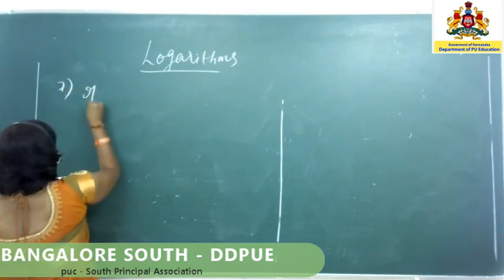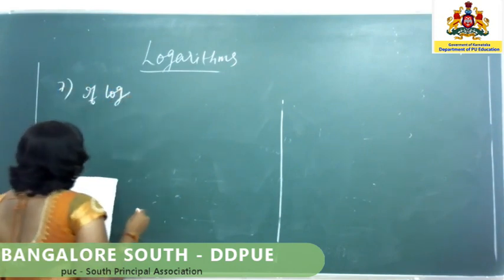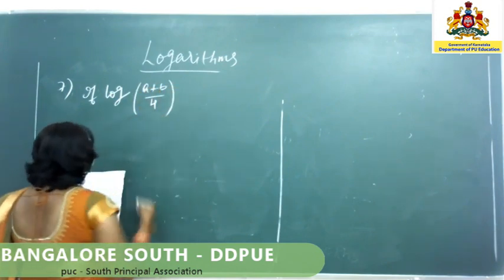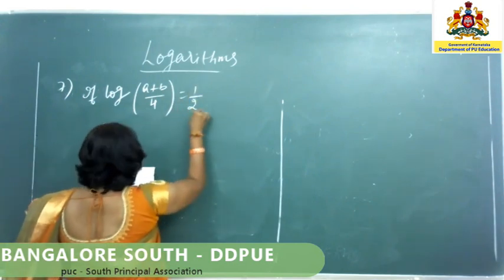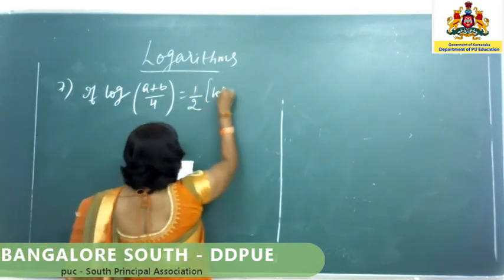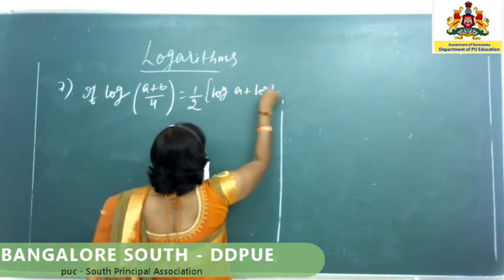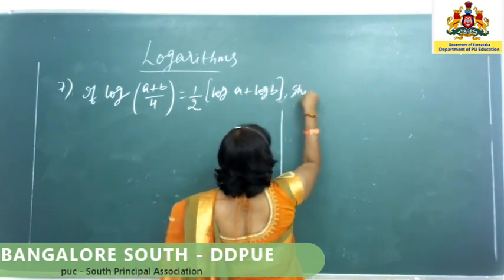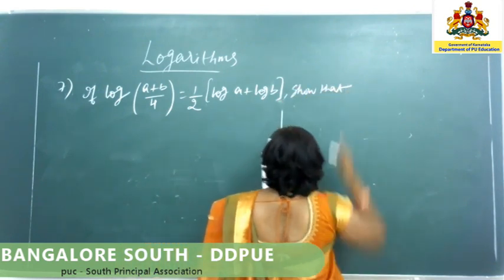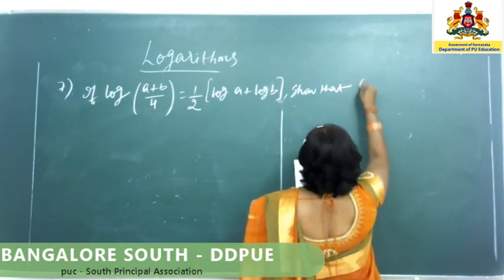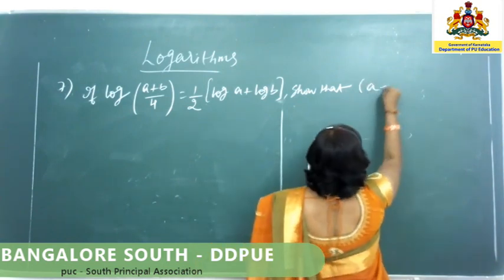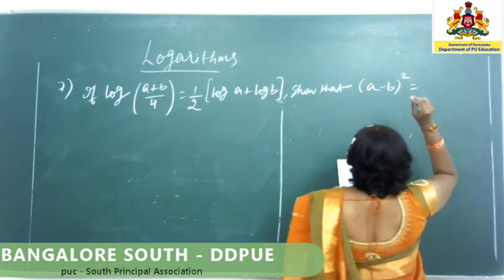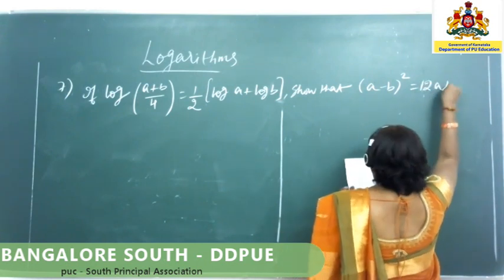The next question: if log (a plus b) by 4 is equal to 1 by 2 into (log a plus log b), show that (a minus b) the whole square is equal to 12ab.